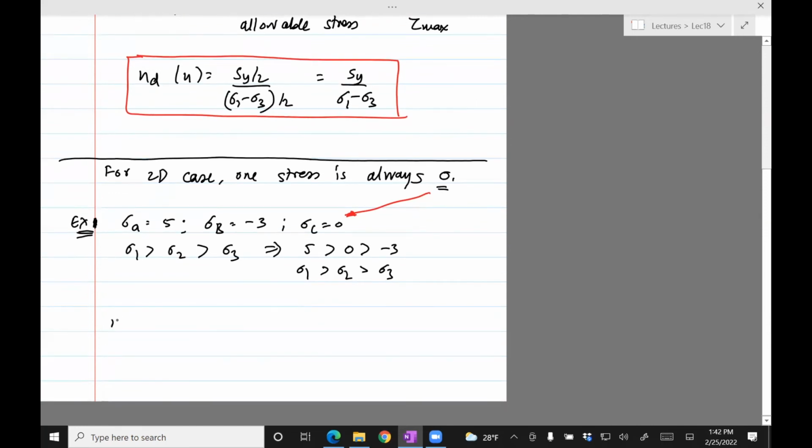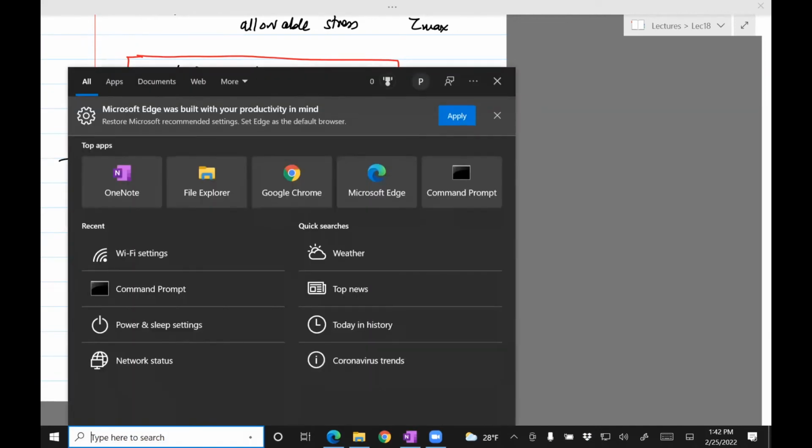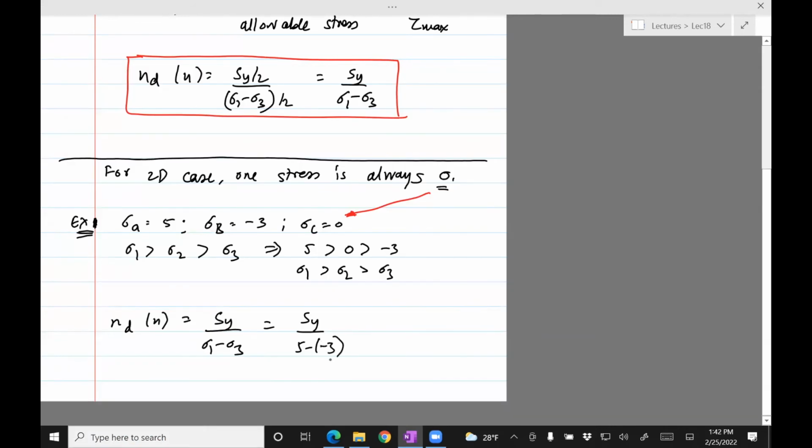In this case, N equals Sy divided by sigma 1 minus sigma 3, which is Sy divided by 5 minus -3. If you're doing a calculation, you first arrange them in descending order, and then use sigma 1 as the maximum and sigma 3 as the minimum.